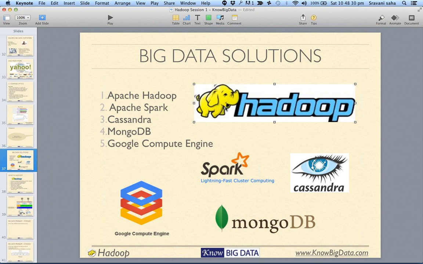In case you are trying to store a lot of data from various devices, then Cassandra would be good or HBase might be good. If you are storing a lot of complex data, such as the whole web page, then MongoDB might be good. If you are doing a lot of computation, such as machine learning, you will have to use things like Spark. And in case you are running a website whose data you can store happily on Google Compute Engine, then you'll go for Google Compute Engine. All right.